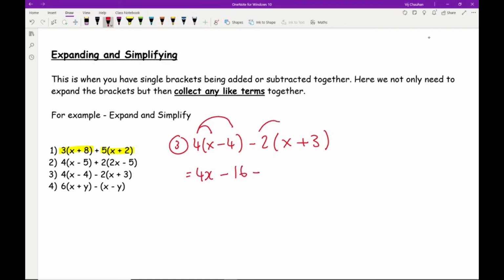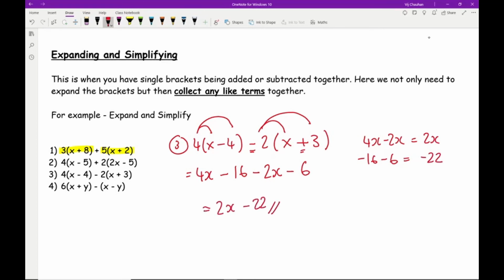Now here I've got minus 2 times x, which is minus 2x, and then I've got 2 times 3, which is 6, but I've got a minus and a positive, which gives me a minus. So now I've got 4x minus 2x minus 16 minus 6. So that then becomes 2x, that becomes minus 22, giving me a final answer of 2x minus 22.